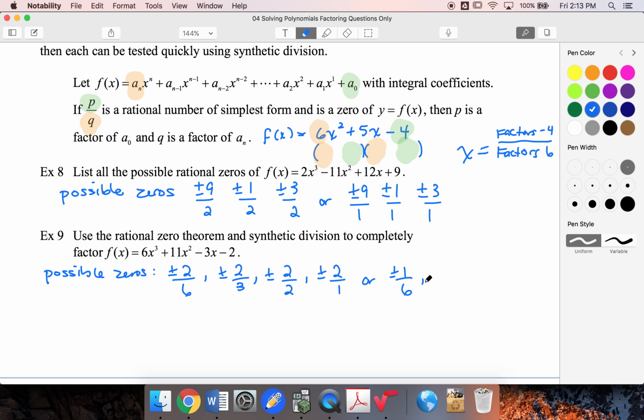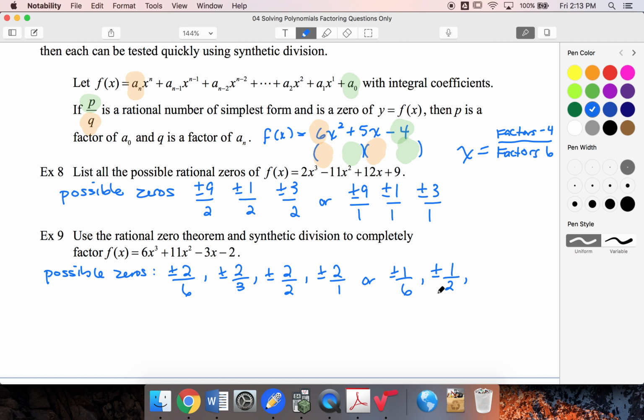This reduces to 1, so I will write down 1/2. And if I did 1/1, again I would simplify to 1. So I don't want to repeat myself. So in the end I have 1/3, 2/3, 1, 2, 1/6, and 1/2 to test.